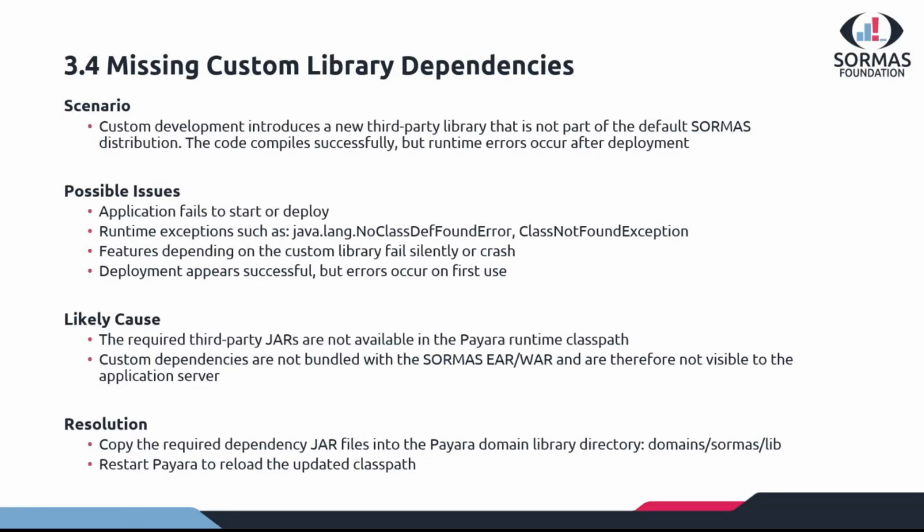Now, some other issues that can come up during development is when you have libraries and dependencies that are not available in the Payara library directory. So the scenario here is, let's say you're working on a new feature of SORMAS, and to help you build that feature, you needed a certain third-party library, and so you imported it into your Maven POM file, and you complete your development.